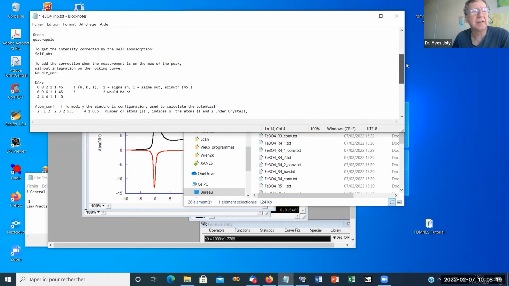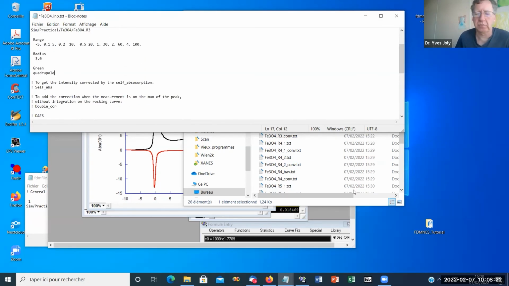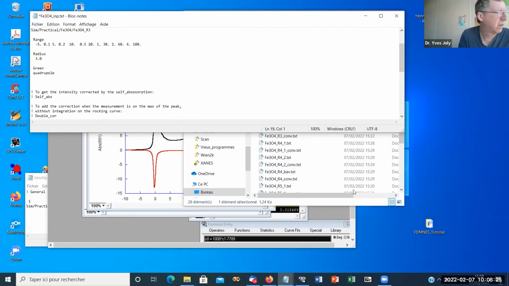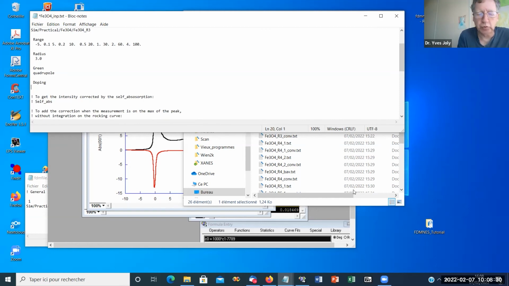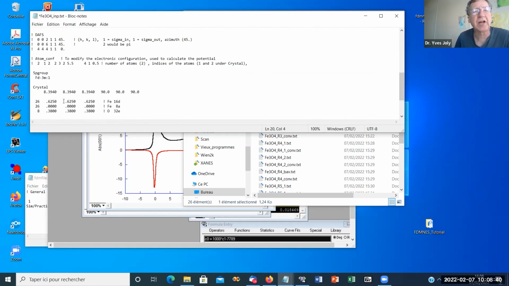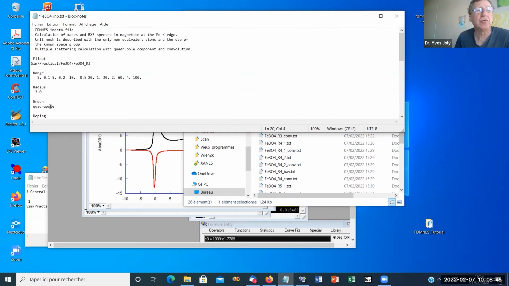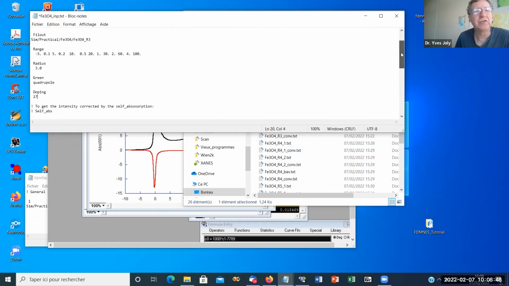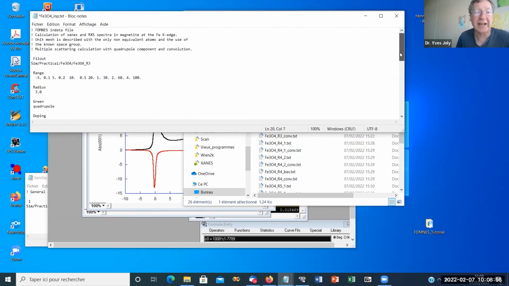In that case, you write the keyword doping. And it would be cobalt, for example. Cobalt is 27. And after, it can be in the first site, octahedral, or in the second site, tetrahedral. So you have to choose. For example, if you choose the first site, you write 1. So in that case, what you are going to calculate is the cobalt edge.